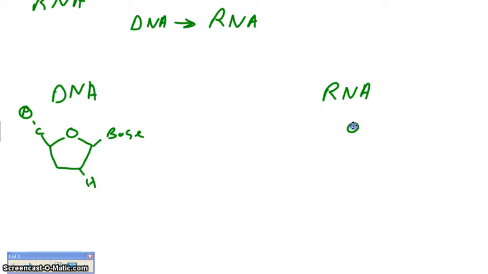In RNA, again, it's the same pentagon. That's a horrible pentagon. You guys can do better in your notes. And then base coming off there, and then a carbon, and then phosphate group. But in RNA, it's going to have an extra oxygen because DNA, deoxy, it's missing an oxygen. RNA is going to have an OH, a hydroxyl group, coming off of this number 2 carbon right there. So that's the first difference.